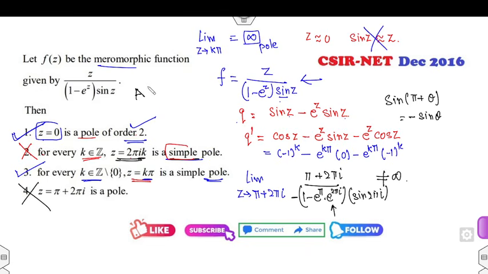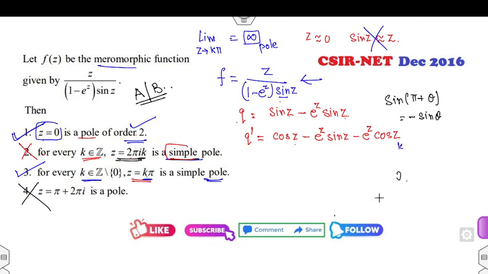So the right answers are A and B. Let me quickly check whether it's a simple pole or not, because for k pi I have obtained this derivative. Let me quickly check at 2 pi iota k.